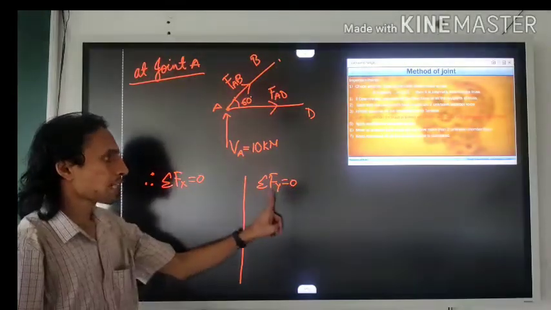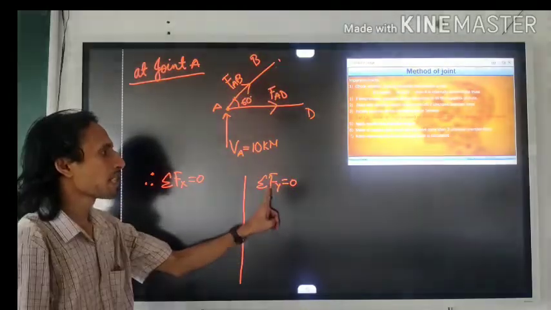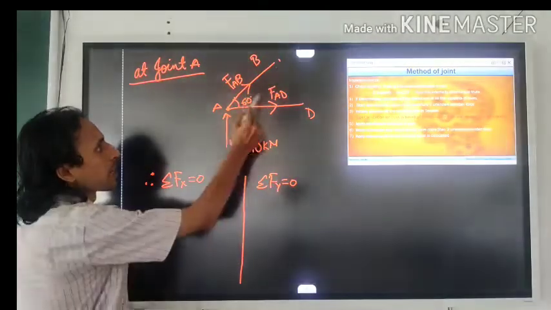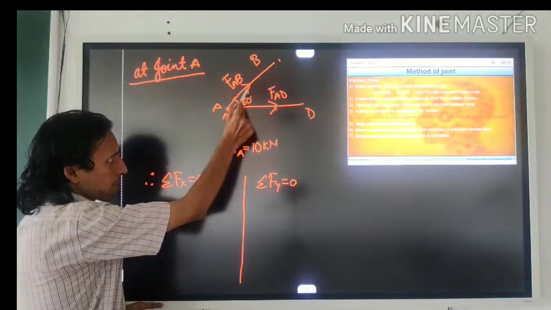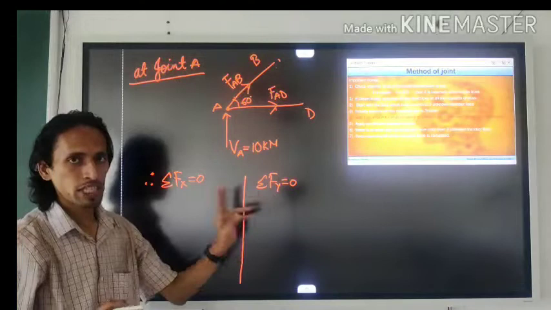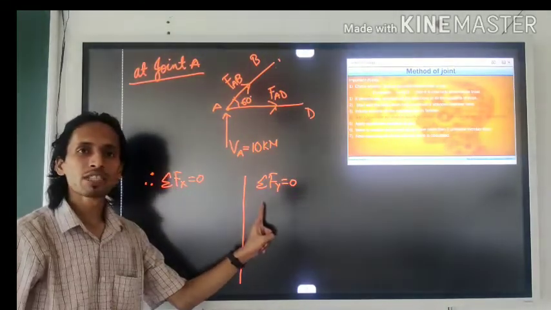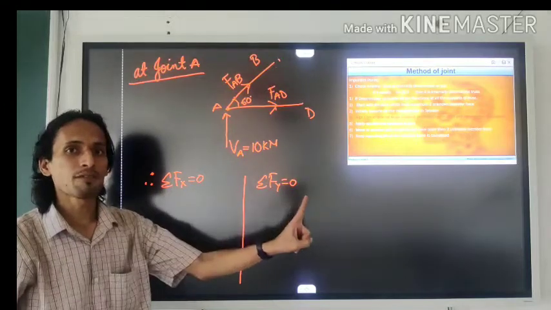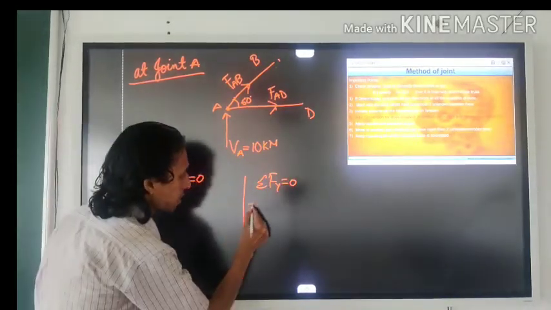Now if you write the equation for Fy, only the vertical component of force AB will be in this equation. So there will be only one unknown. If you use this equation, it will directly give you one value. Okay, so let us do it.